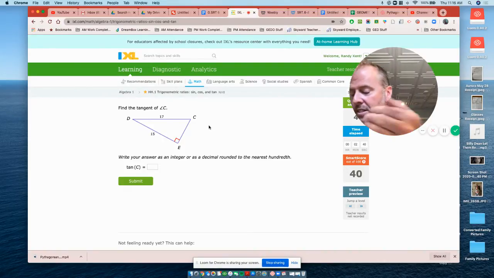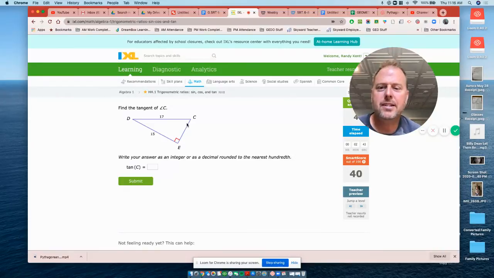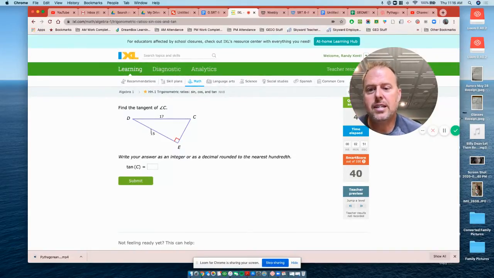But remember, I have to take the square root of that. Plus, it wouldn't make sense for CE to be 64 anyway when these are 15 and 17. So the square root of 64 is 8. So I've got to do 15 divided by 8 in order to find the tangent. 15 divided by 8 gives me 1.875, which would be 1.88.